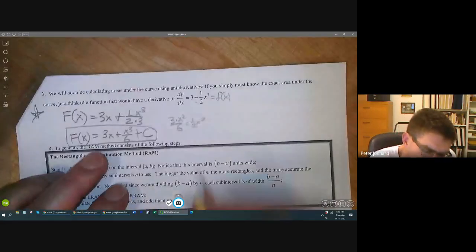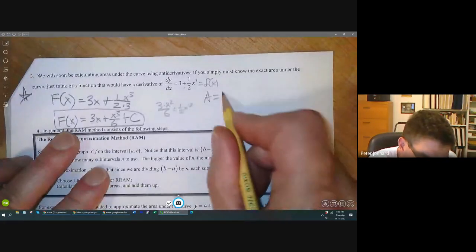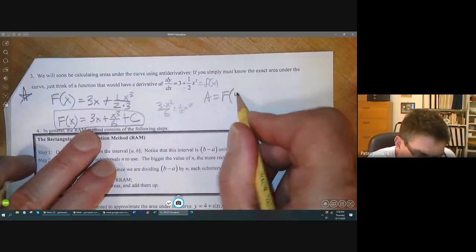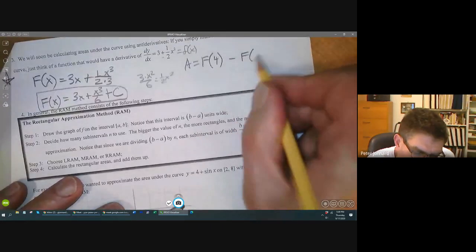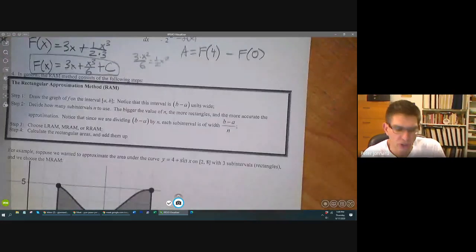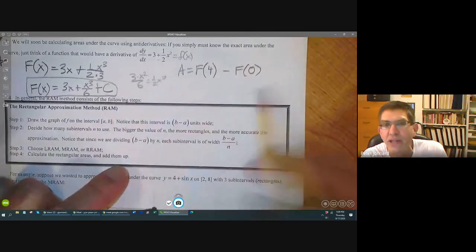So what I'm saying is the exact area is big F of 4, because 4 was this end of this interval, minus f of 0. You subtract those two. This represents an area minus an area, and you end up with an area total, okay?